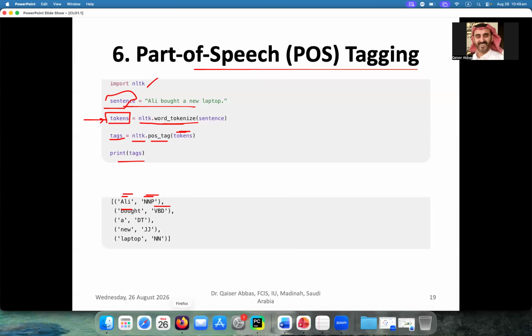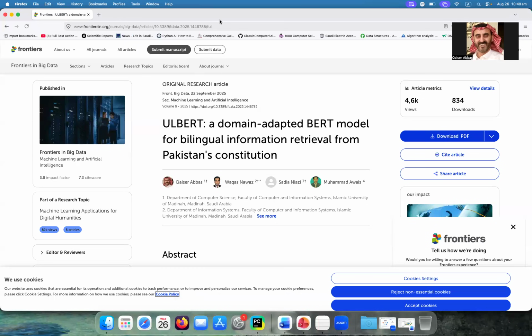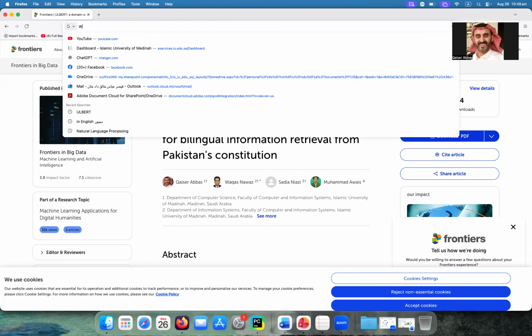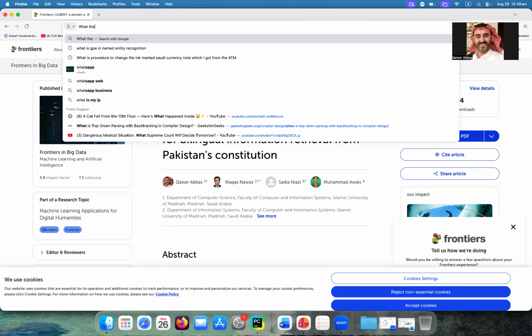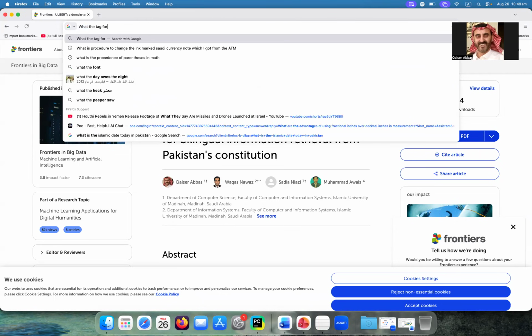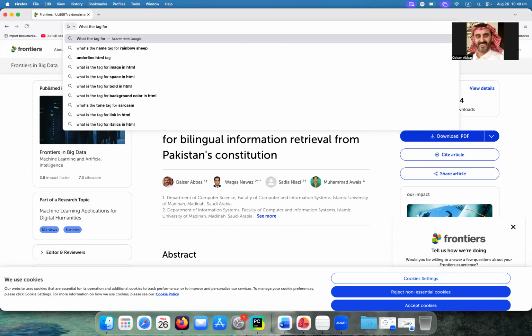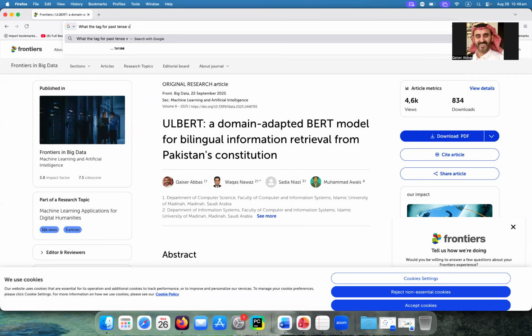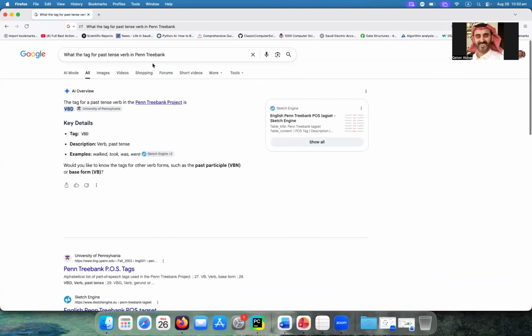Just a minute, I'll see what the tag is for past tense verb in the Penn Treebank. Look, okay. So the Penn Treebank is also by the people of Stanford, and it is VBD.